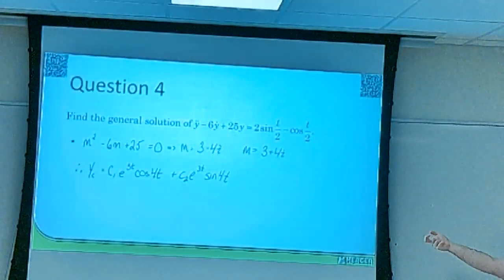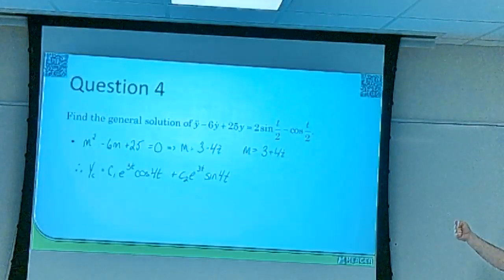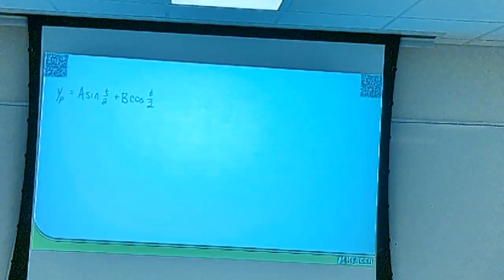Do they appear in your complementary function? So is there a sine of t over 2 as a linearly independent solution? Is there a cosine of t over 2 as a linearly independent solution? So you're good. That is your form. Now you have to find a and b.